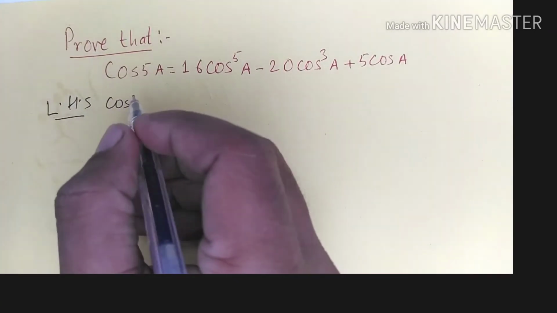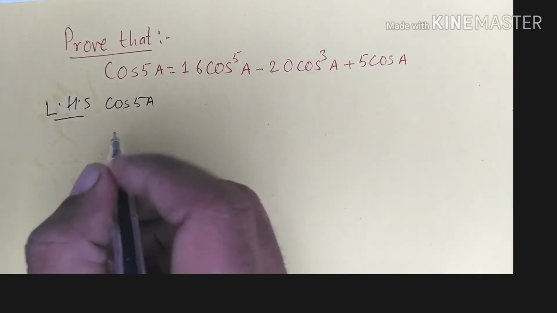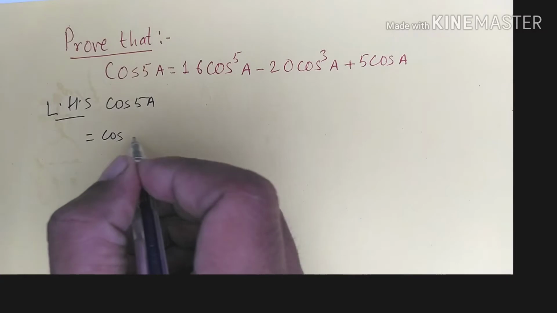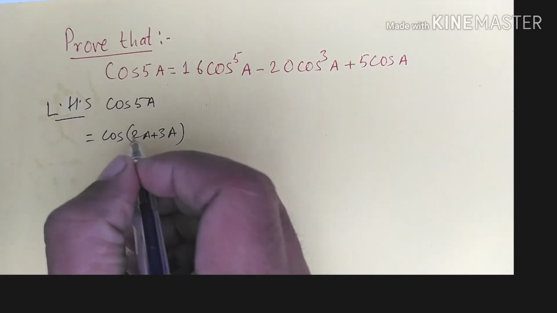cos 5a. This cos 5a can be written as cos(2a plus 3a).